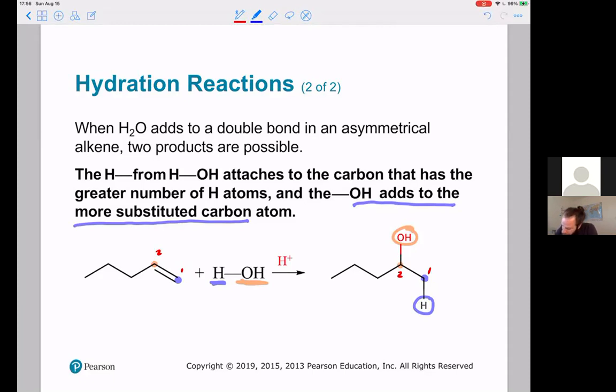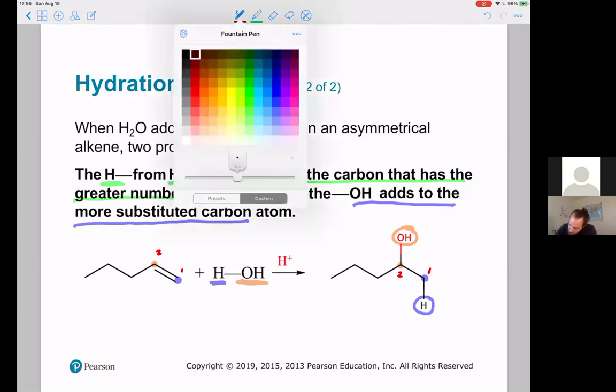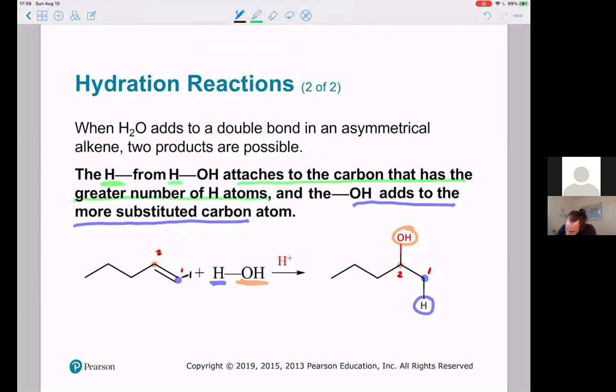Likewise, the flip side of that, I guess I messed up my color coding here, but whatever. The flip side of that is that the hydrogen from the water attaches to the carbon that has the greater number of hydrogens. So it's kind of saying the exact opposite. Carbon 1 had 2 hydrogens on it over here, whereas carbon 2 had only 1 hydrogen bound to it.